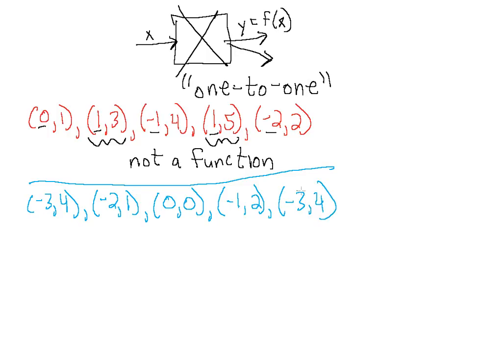We want to know if the relation of these points represents a function. So what we want to do is find any points that have the same x value. We have it right here. We have -3 appearing twice, and as long as the y value, the f of x value, is the same in both cases, we do have a function. And here it's 4 in both cases.